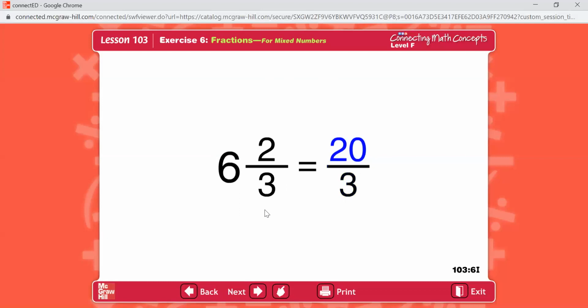So 6 and 2/3 equals 20/3. 2 and 7/10. 10 is going to remain your denominator. 10 times 2 is 20, plus 7 equals 27. Remember, start with the denominator of the fraction, then multiply the denominator by your whole number and add your numerator.